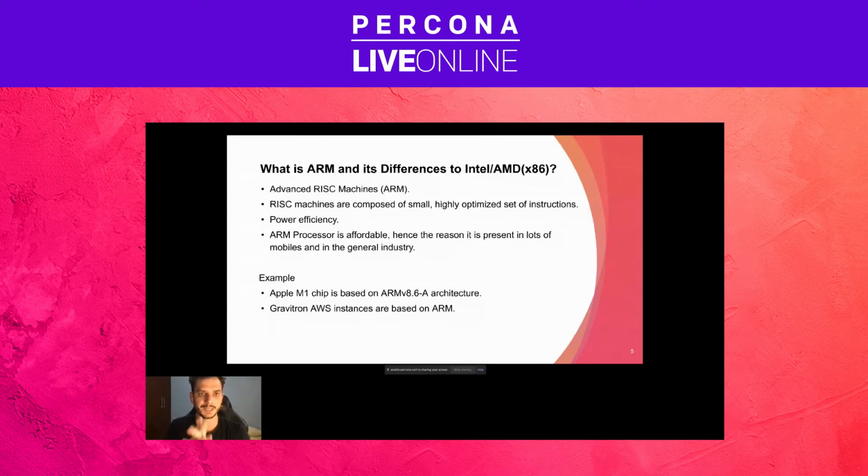The most classic example of ARM currently is, of course, the Apple M1 chip, which is based on the ARM v8.6 architecture. And from a cloud perspective, I didn't search for others, but Graviton in AWS are instances based on ARM.